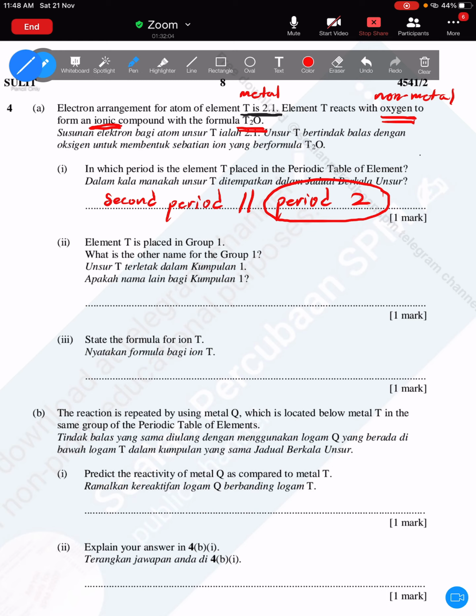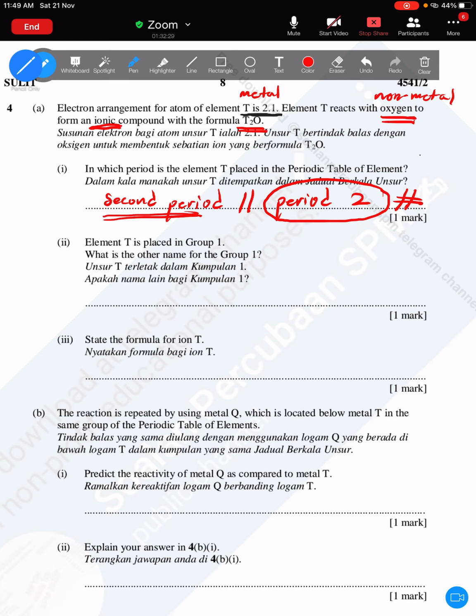Normally they refer to first period, second period, period 1, period 2, eh? Let me check. I will come back. I think Ryan is the one who asked me, am I right? Okay, I will come back. Normally, in the answer scheme, they give me second period. Okay, never mind.